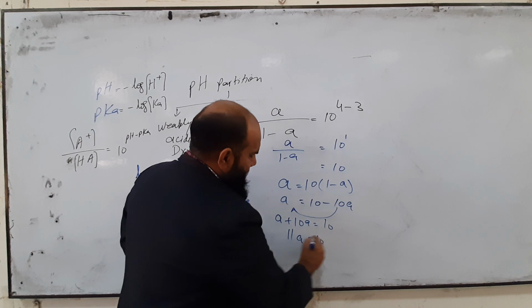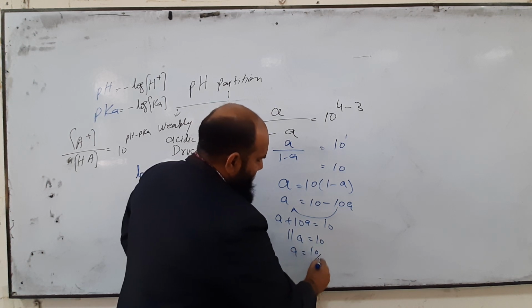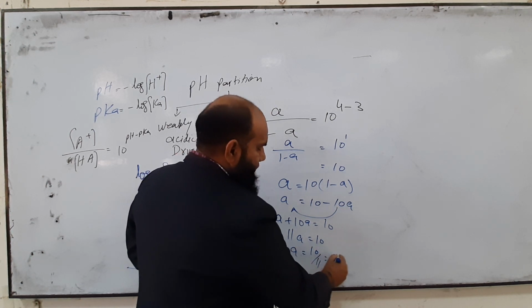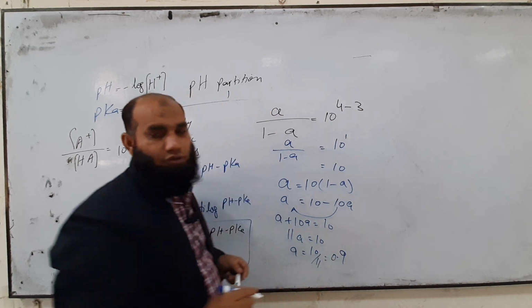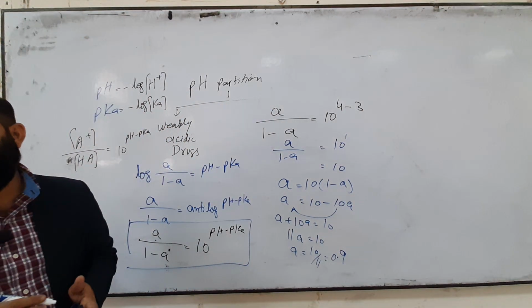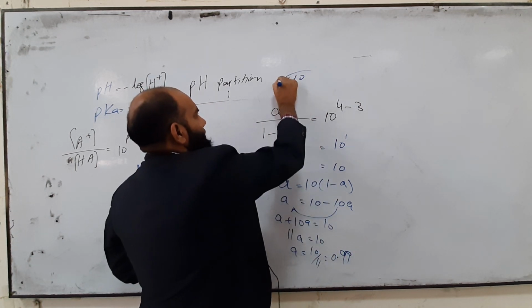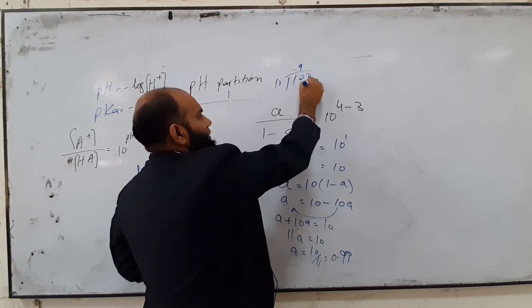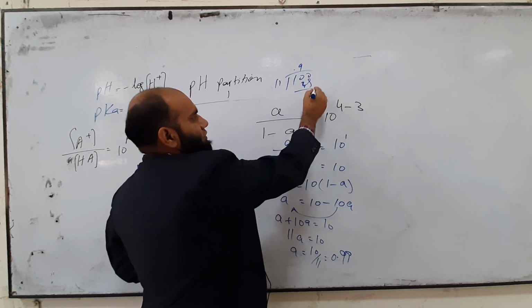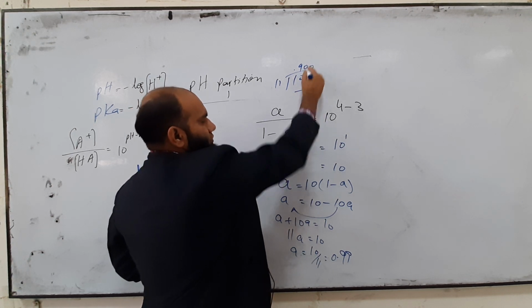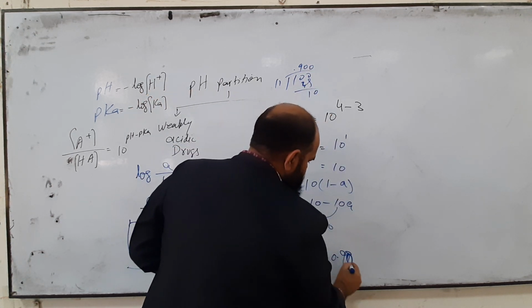11A is equal to 10, so A is equal to 10 by 11, which is 0.90.